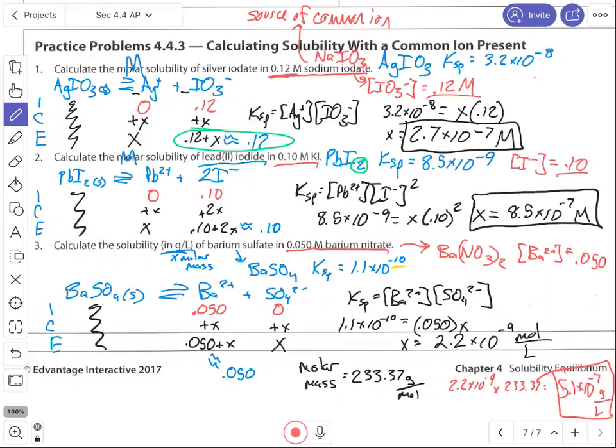Otherwise, you can just work on notebook paper. This is the standard way that a solubility equilibrium problem will progress, with easy points at the beginning and progressively harder questions towards the end.